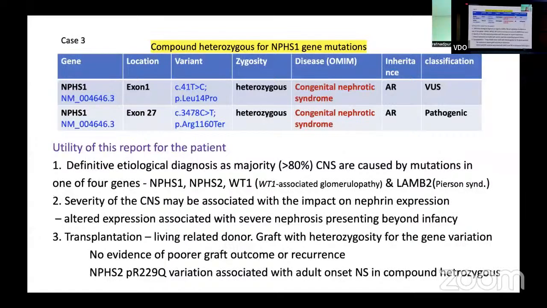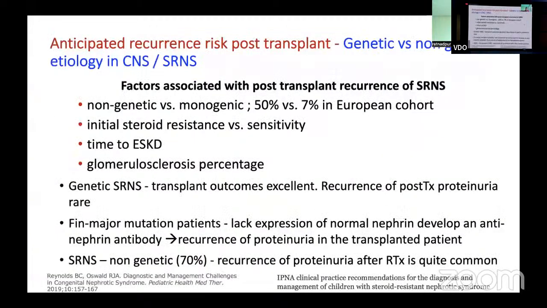There is no evidence of poorer graft outcome or recurrence compared to a specific NPHS2 mutation, where we know that as they grow, they can develop adult onset nephrotic syndrome. So these are so many things that we have to look into and consider before taking a patient up for transplantation and doing his genetic workup.